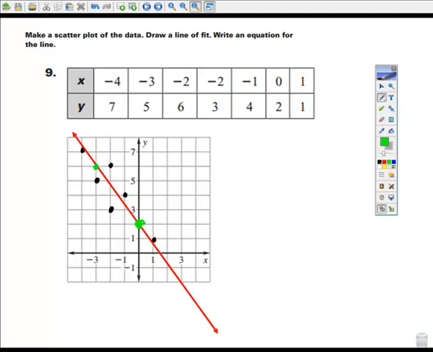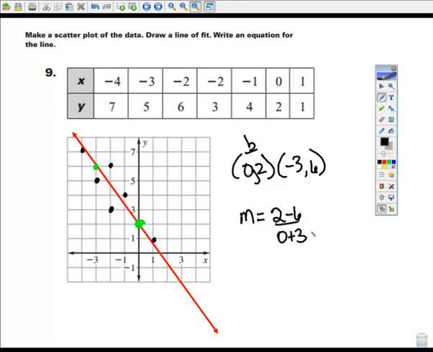And again, here I'm going to choose this point, and I'll choose this point right here. So the 2 points that I've chosen that are on the line are (0, 2) and (-3, 6). So again, I lucked out. My y-intercept is right there. And then my slope, I'll go 2 minus 6 over 0 plus 3 to get -4/3 for my slope.